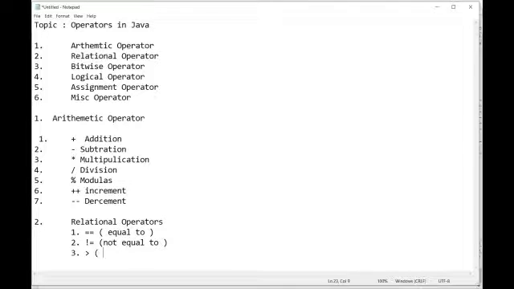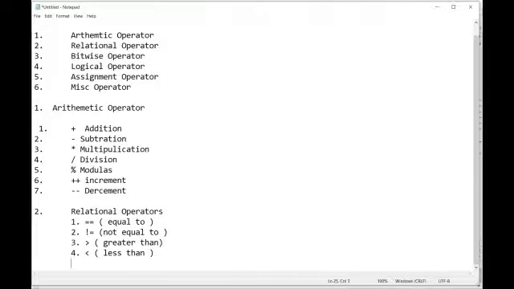Third one is greater than. Fourth one is less than. Fifth one will be greater or equivalent to.